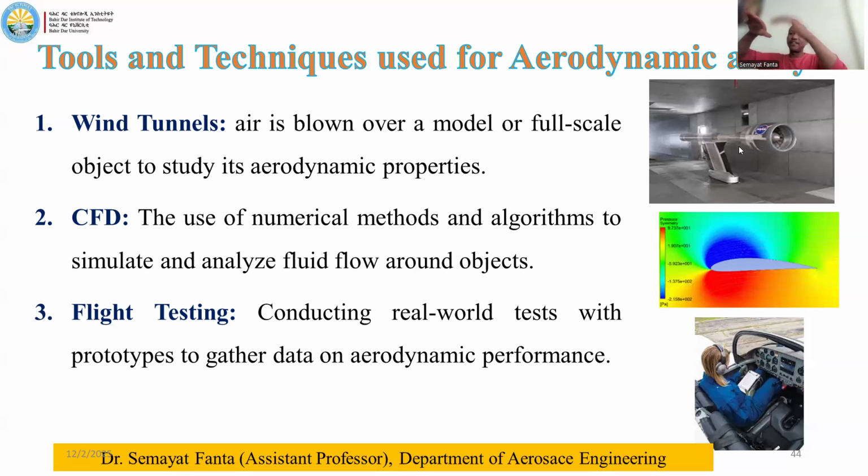The aircraft enters the stationary air and creates the interaction between air and aircraft. Here, in the opposite way, the object is stationary in the test section of the wind tunnel and the air is blown onto the object. That gives the aerodynamic coefficients like lift coefficient, drag coefficient, moment coefficient, and so on.